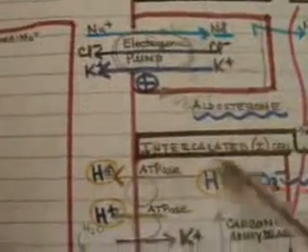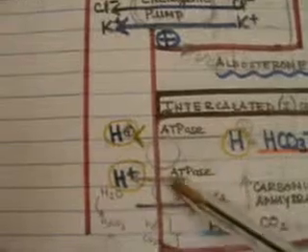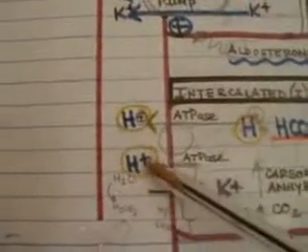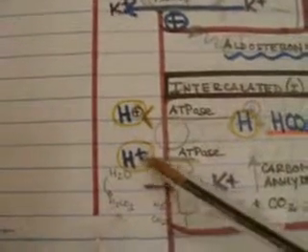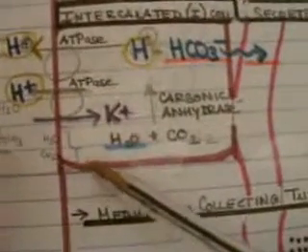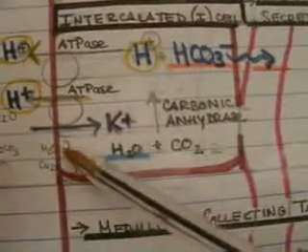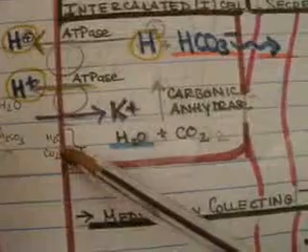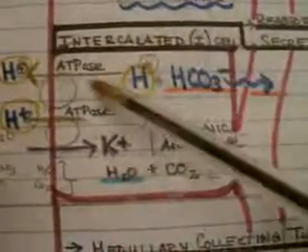collecting tubule, in which a hydrogen ion, which is secreted via the ATPase, joins with the bicarb to form carbonic acid. And the carbonic acid then dissociates into water, H2O, and CO2, which are easily and readily able to pass through the membrane and enter into the intercalated cell.